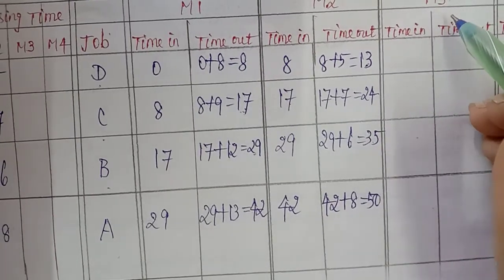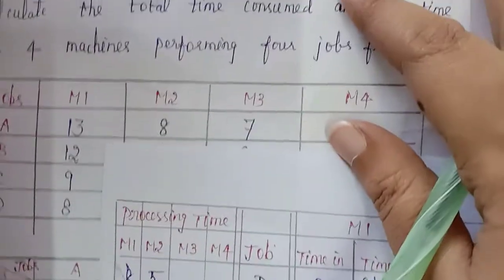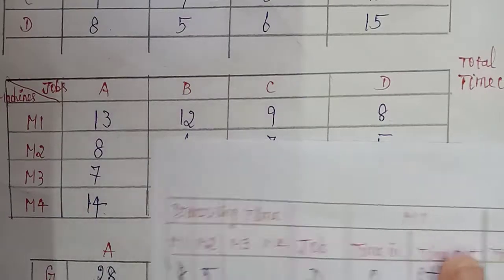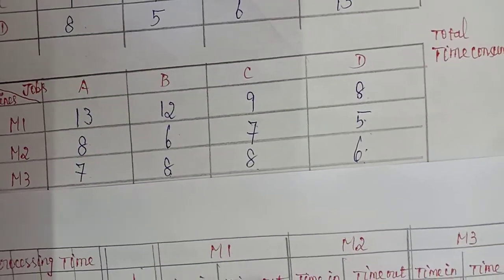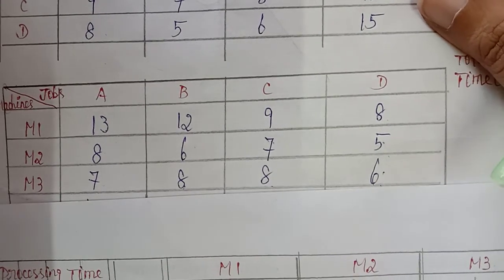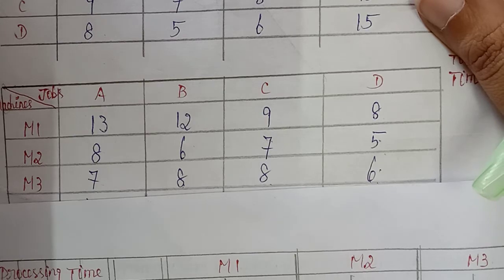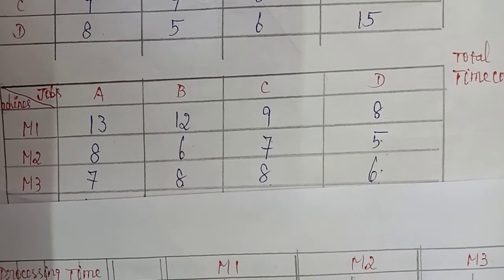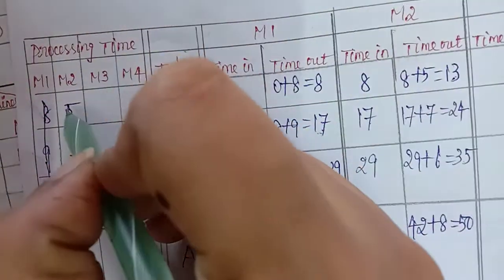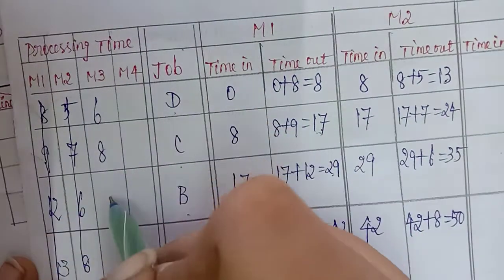Okay. Now machine 3. So machine 3, D processing time is 6, C is 8, B processing time is 8, A processing time is 7. So 6, 8, 8, 7. Before this you strike these values.